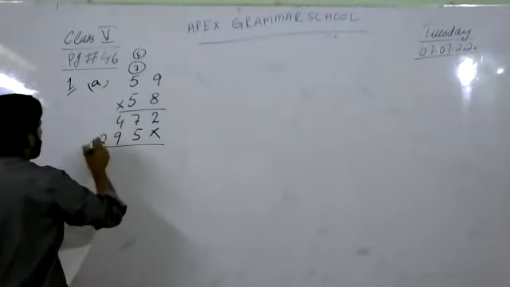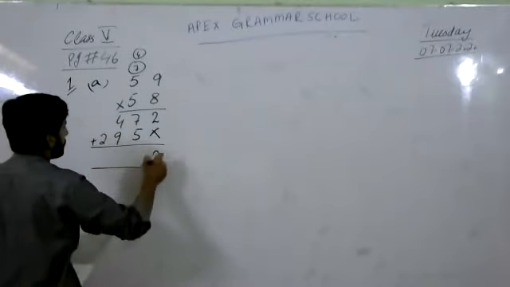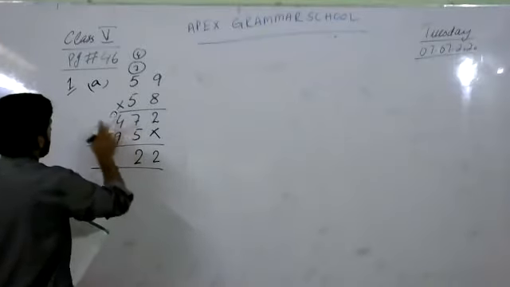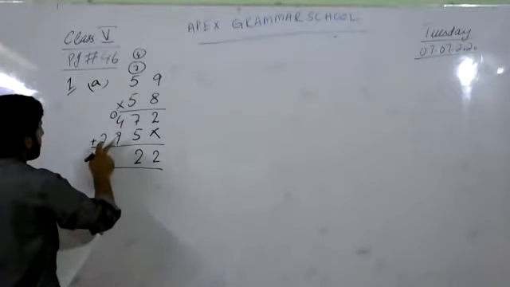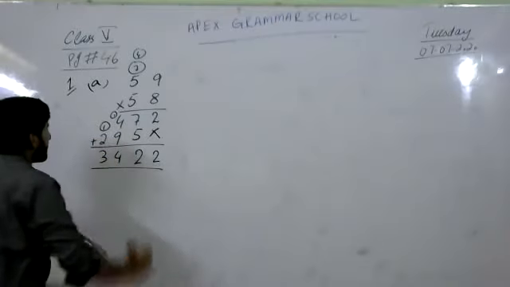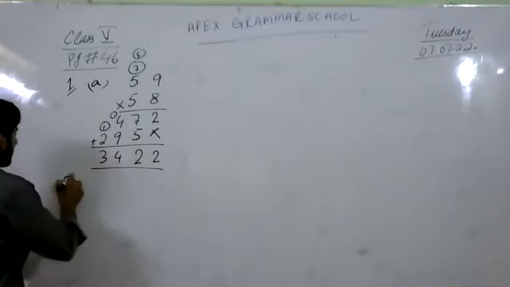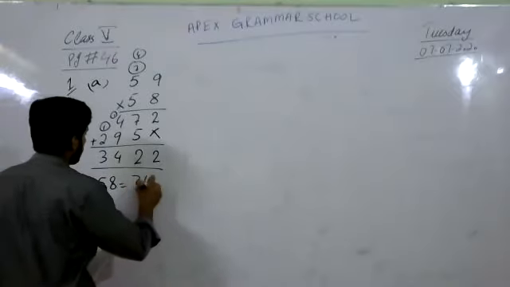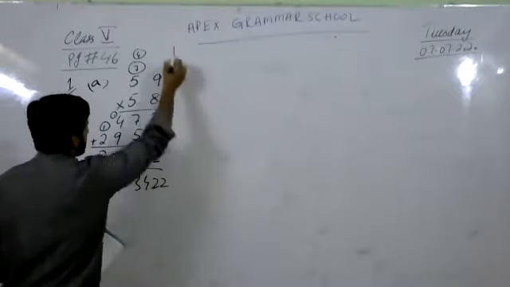At last we have to add them. 2, 7 and 5, 2 and 2. 1 carry. 4 plus 1, 5. 5 and 9, 14, 4. 1 carry. 2 plus 1, 3. So 59 multiplied by 58 equals 3422.